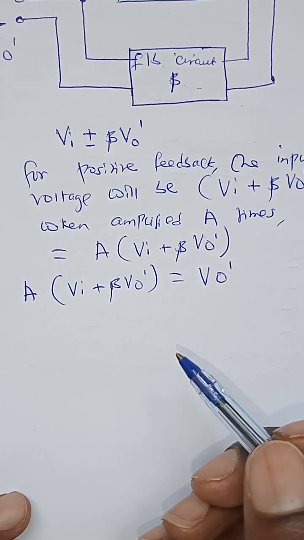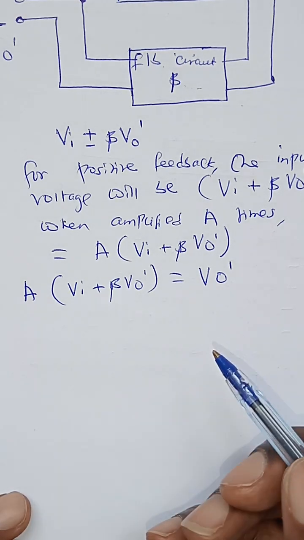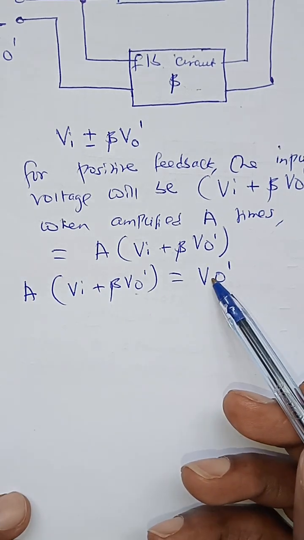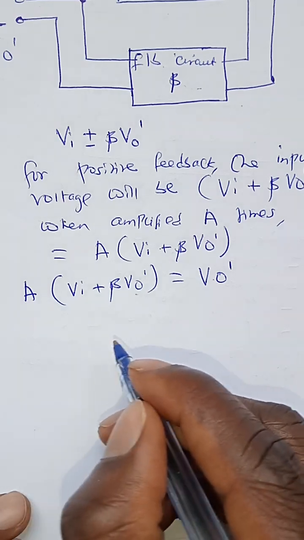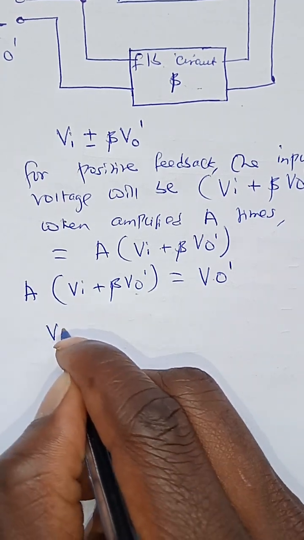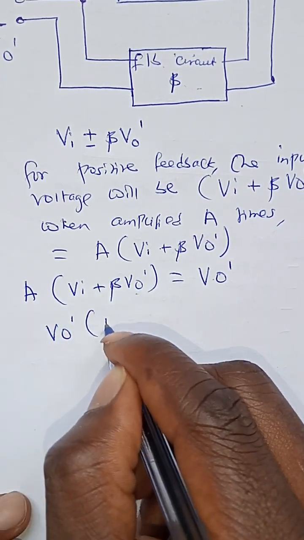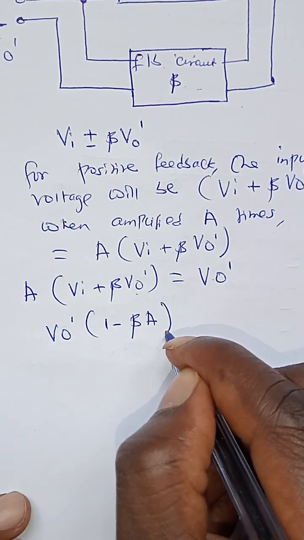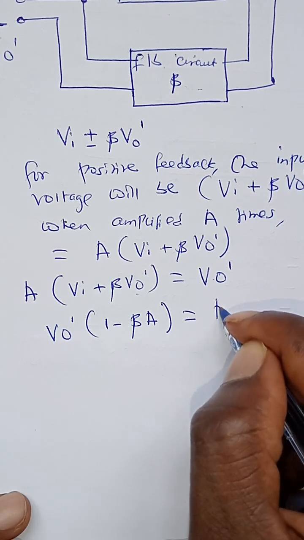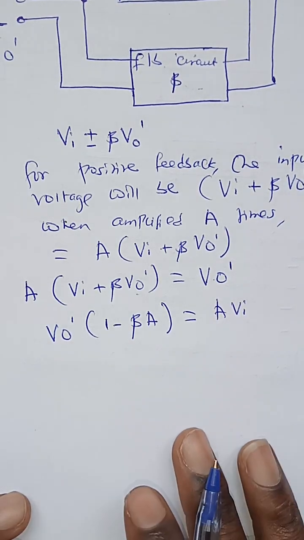We can factor out Vo prime here. With further mathematical analysis, you achieve Vo prime times the bracket 1 minus beta A, which will be equal to A Vi.